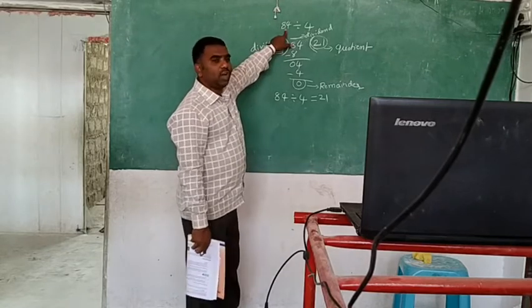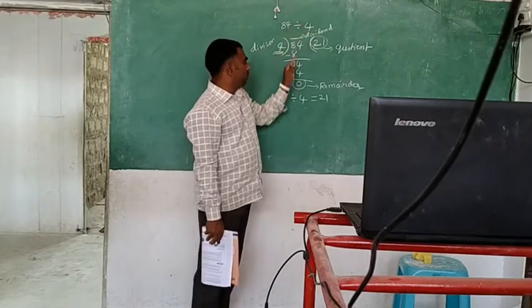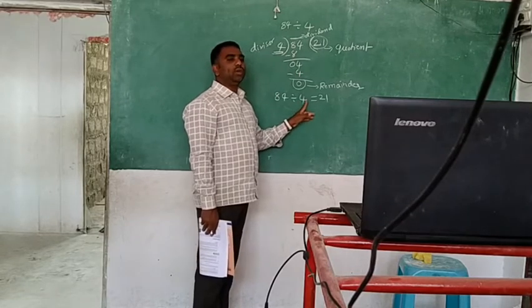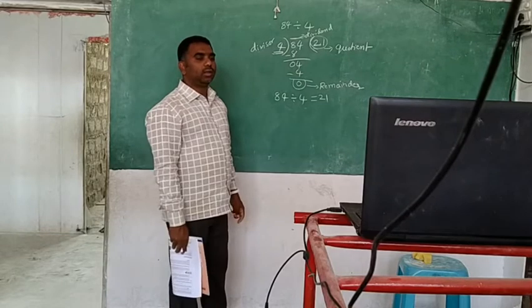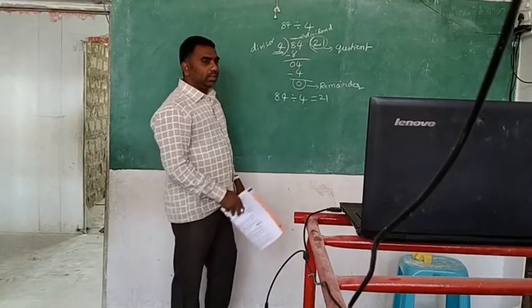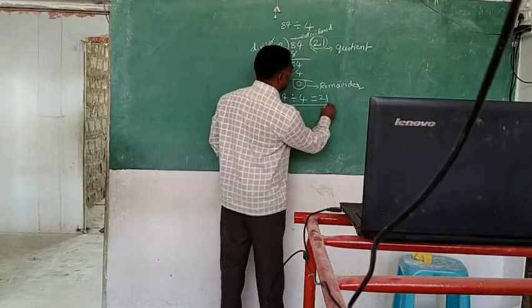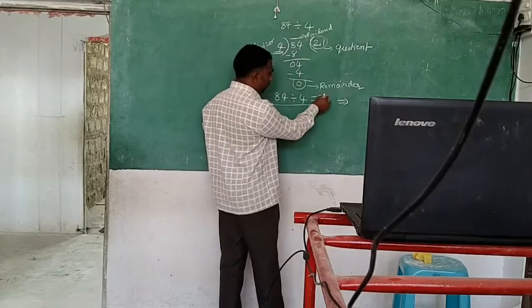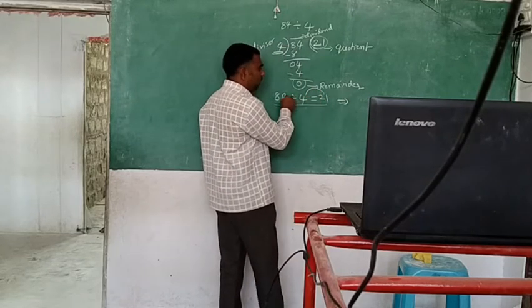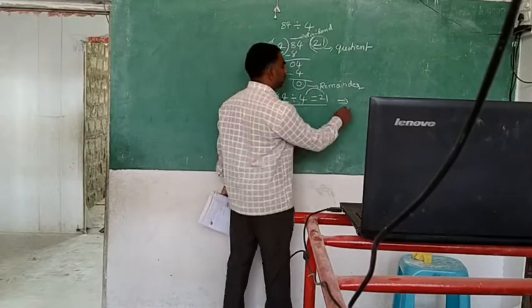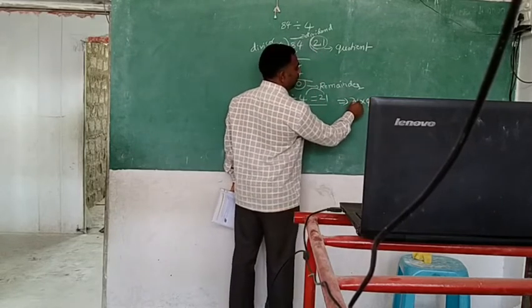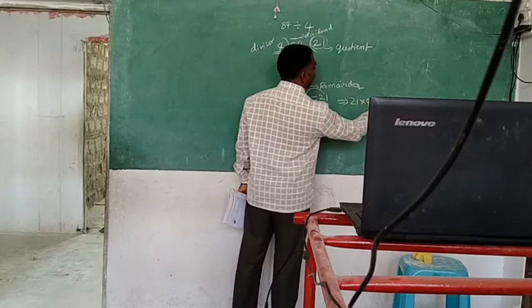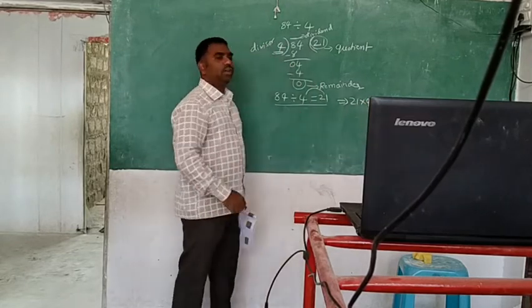When 84 chocolates are divided by 4 members, each one will get 21 chocolates. That is the meaning of that. And this is the same if you write it in multiplication form. 21 fours are 84. You see, 4 ones are 4, 4 twos are 8, 21 fours are 84.